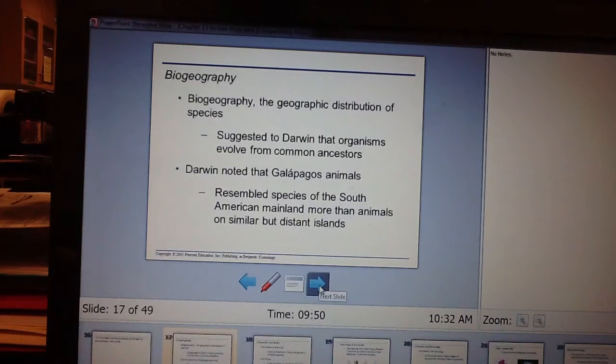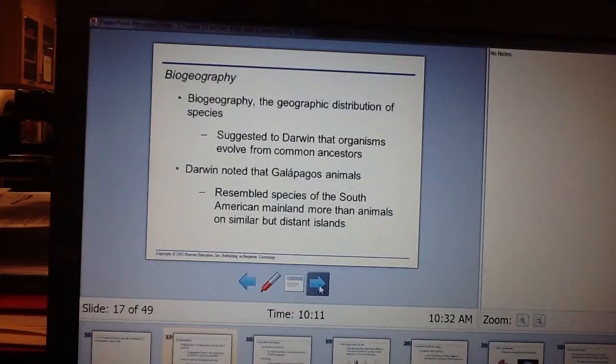And we have something called biogeography. Biogeography actually started back with Darwin when he was documenting all the countries and all the things that he saw. Basically, it shows that the geographic distribution, where on the planet animals are found, can show us that they've come from a common ancestor.